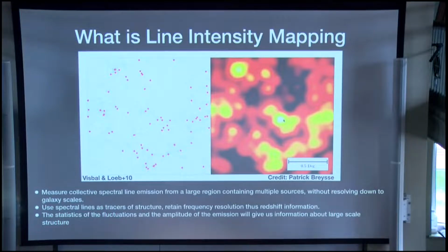Then you create this kind of map, and these fluctuations in this low resolution map will tell you something about the large scale structure of the universe, because that will tell you how the galaxies are distributed and how the gas in the universe is distributed as well. This is a very powerful technique because you do not need very high resolution. You can use low resolution telescopes to detect a variety of lines and to understand both astrophysics and cosmological processes.